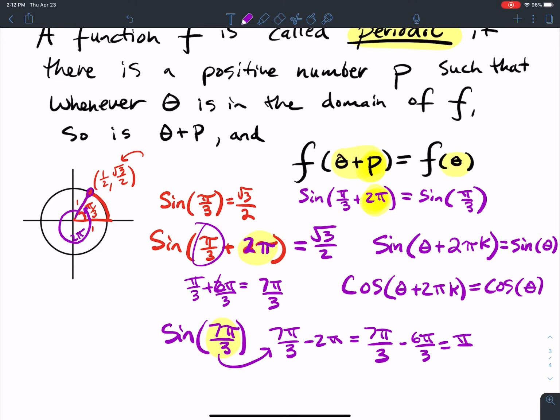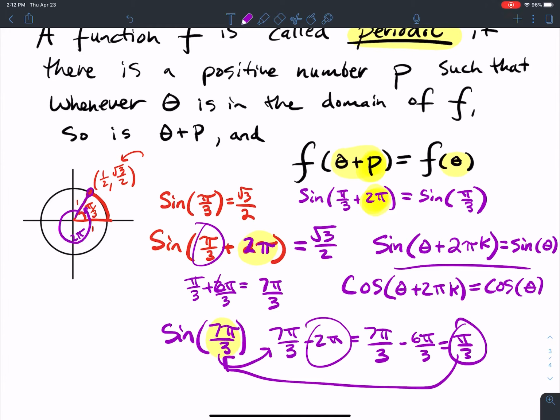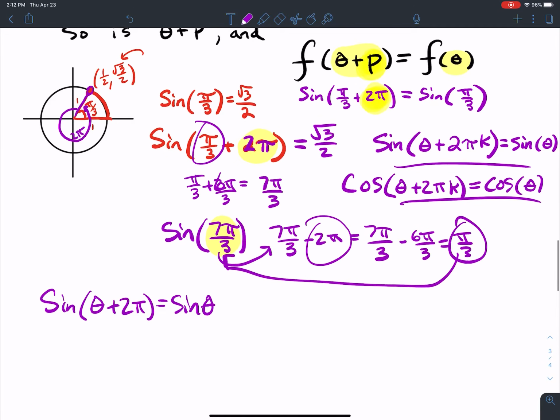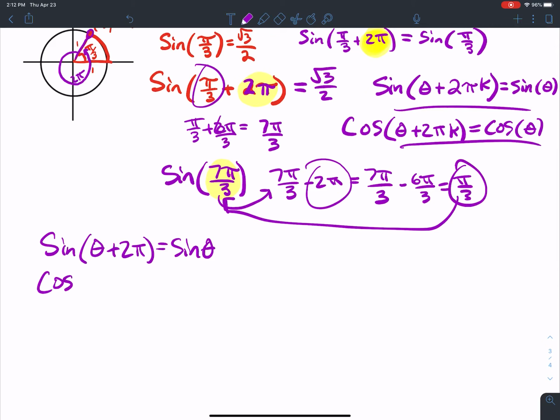And you get that pi over 3, and then plug that in here because you know that sine and cosine are periodic. So in general, we have sine of theta plus 2 pi equals sine of theta. We also know cosine of theta plus 2 pi equals cosine theta.